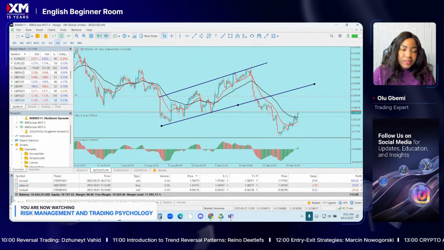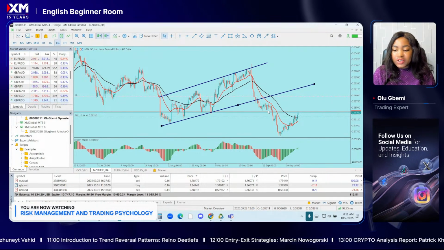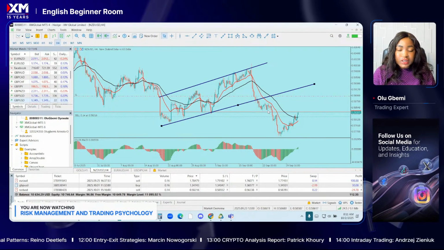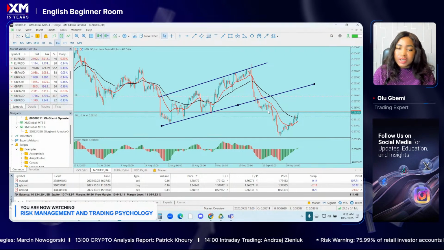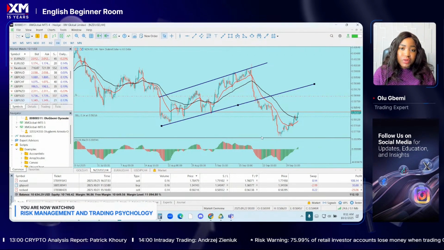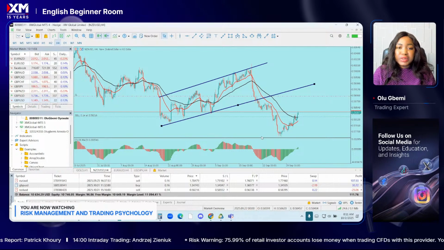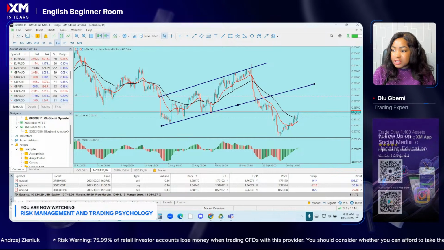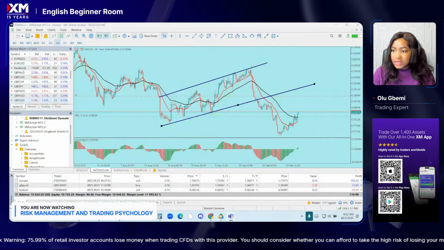But this does happen. For some people who have realized it and are beating themselves up for it, they still make the same mistake over and over again. Why? Because they choose not to set the stop loss. Instead, they believe that they can monitor the trade and ensure that it doesn't go against them.